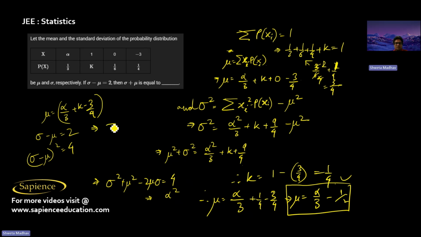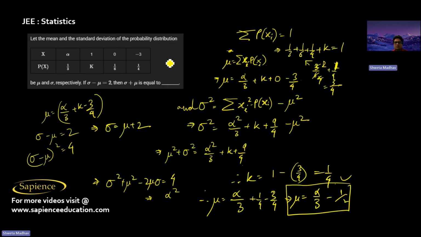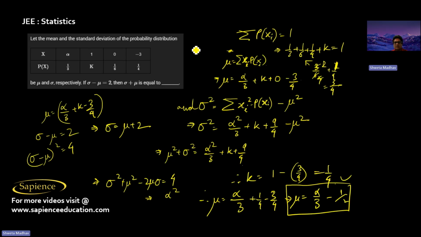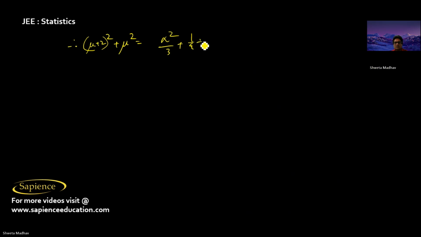So from here I can say sigma is equal to mu plus 2. Therefore, mu plus 2 whole square plus mu square is equal to alpha square by 3 plus k, that is 1 by 4, plus 9 by 4.